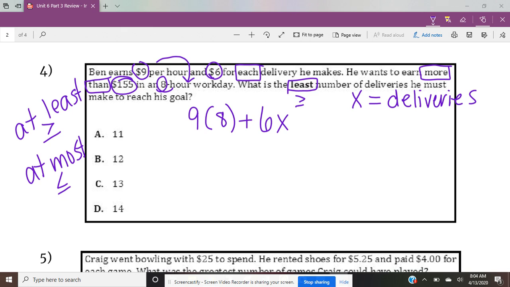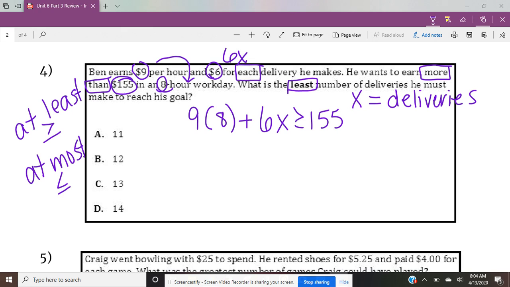So $6 for each delivery. We don't know the deliveries, and each means multiply. So this is going to be 6x. If he makes $9 per hour and works 8 hours, that would be 9 times 8. I'm going to erase this just so it doesn't confuse you. So we need that to be greater than or equal to 155.